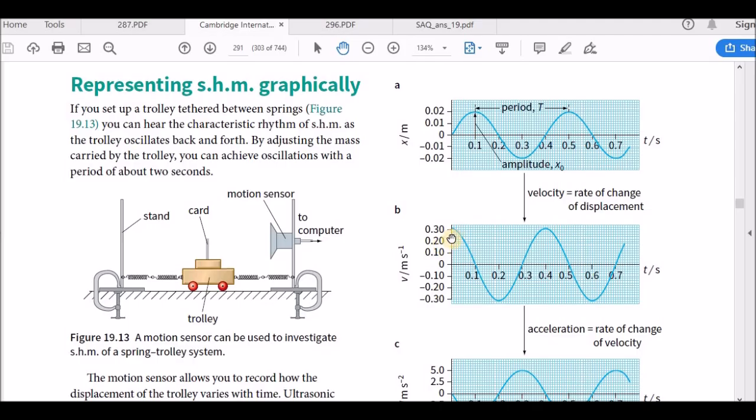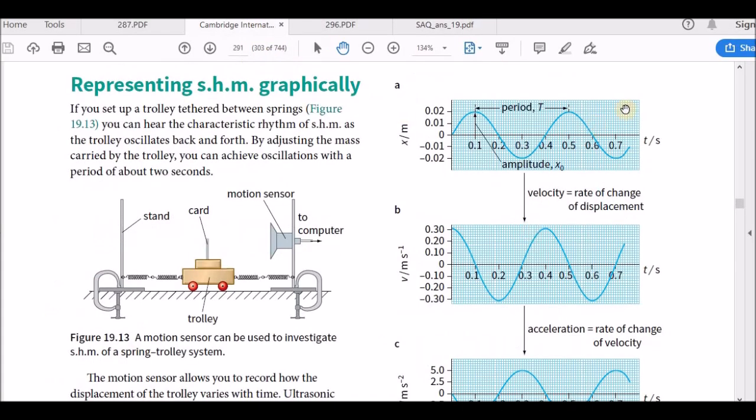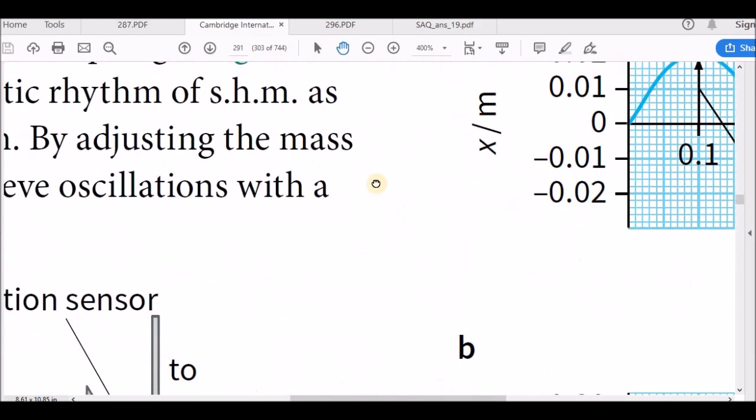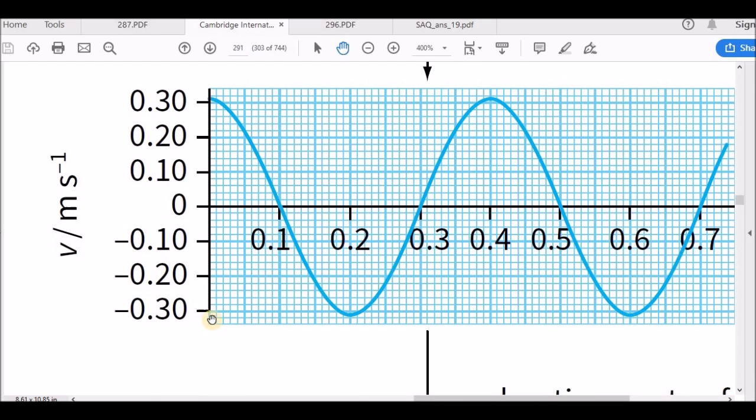Maximum velocity is 0.31 meters per second. You have to look a bit closely, look at it carefully, because if you are half a square off you can lose the mark. It goes a little bit below 0.3, 2, 4, 6, 8, 10.